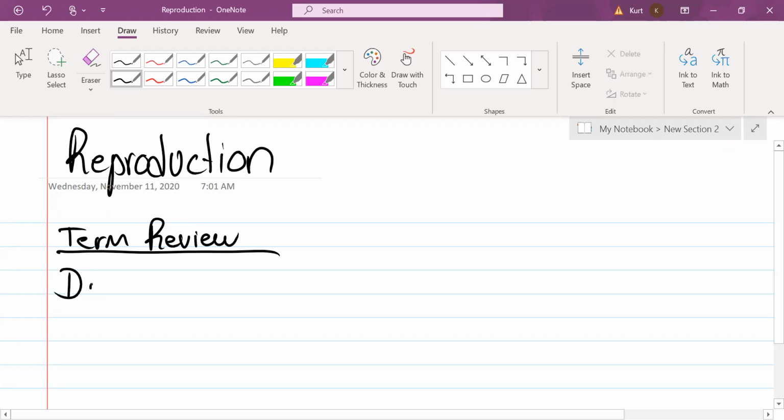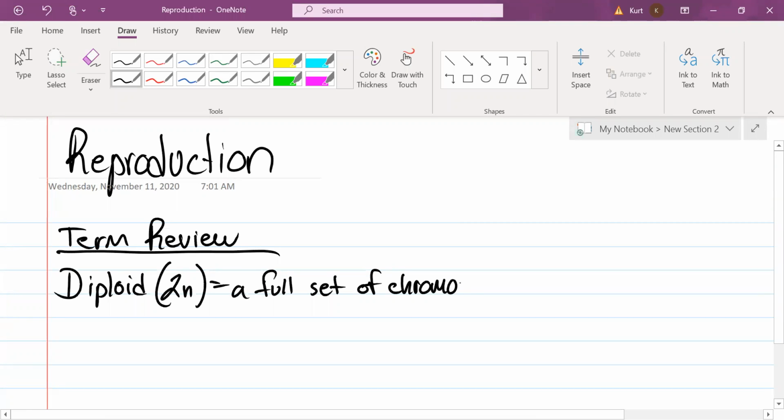First one is going to be diploid. The symbol for diploid is 2N. Diploid can be defined as a full set of chromosomes in each somatic cell.